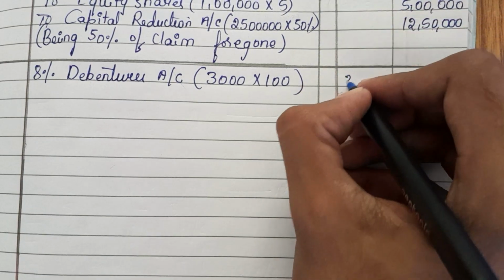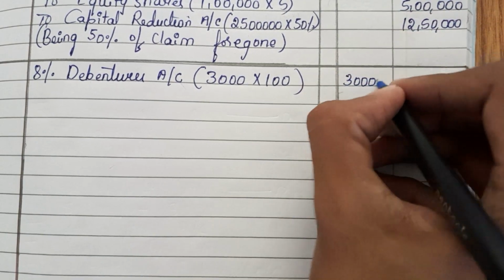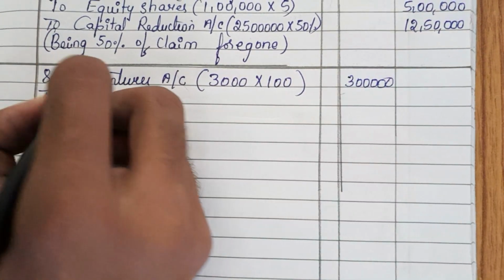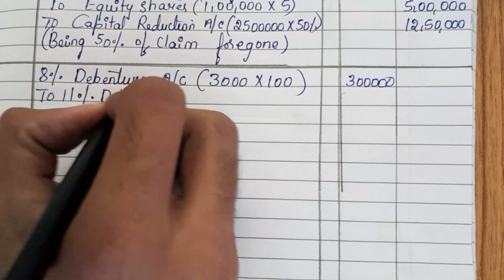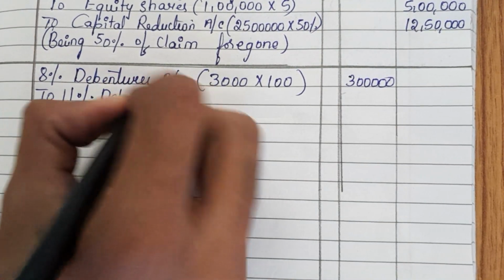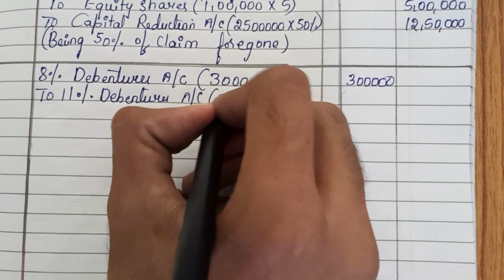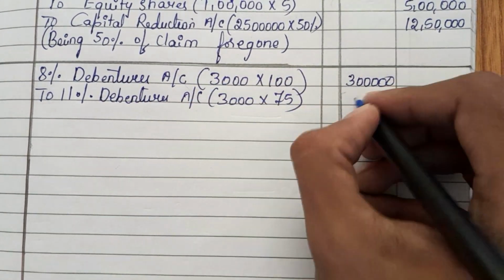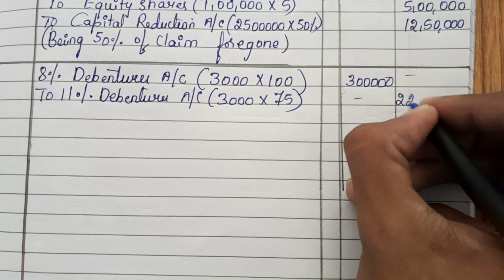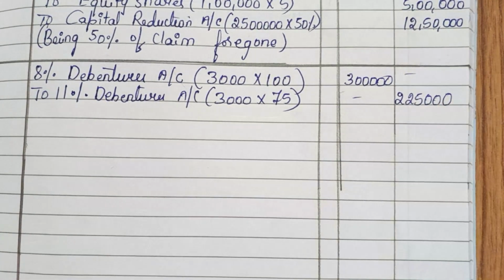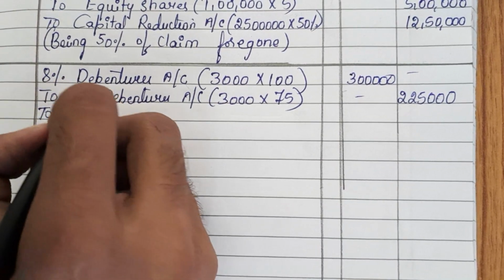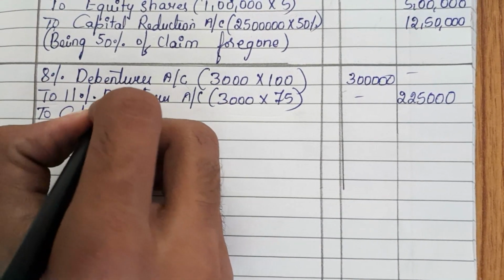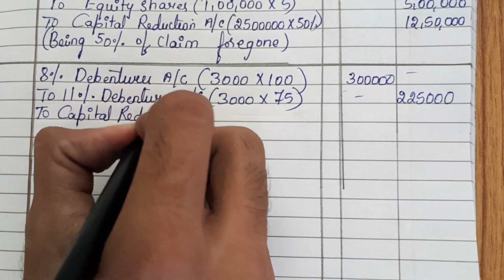So it will be 3 lakh. That has been converted into 11% debentures of rupees 75 each. So 75 each means it will be 2,25,000. The remaining balance we need to transfer into capital reduction account.